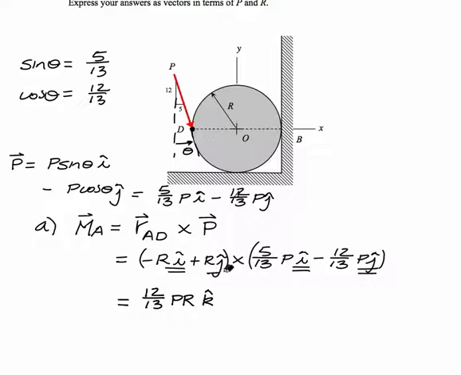The second one is going to come from J cross I, and that's going to give us 5 over 13 P times R. Keep in mind that J cross I is a minus K, so I put a minus sign there in front, and this becomes 12 minus 5, so that's 7 over 13 P times R in the K direction.